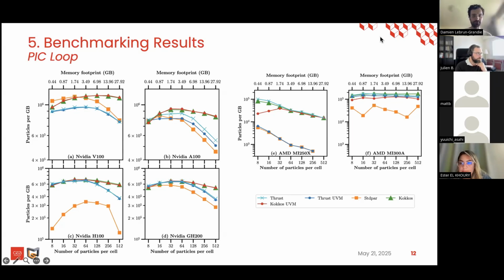Direct answer to you: you may play with it, but you're not going to discover anything wonderful. If you have an optimal implementation in CUDA or in HIP, at best, Kokkos is going to match. And if Kokkos beats CUDA or HIP, it means that you didn't actually implement it well in CUDA and HIP. But there's nothing special to discover if you do that.